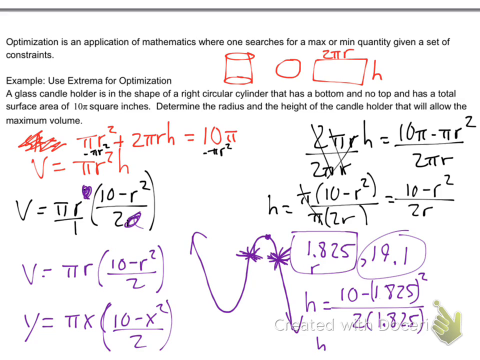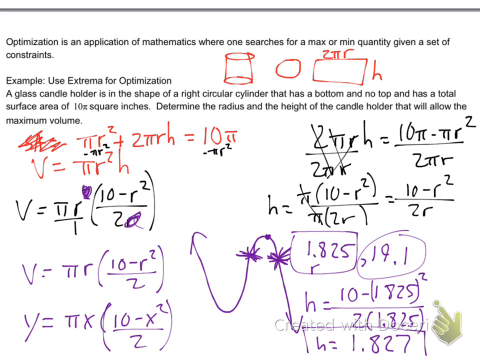And you guys hopefully found that H ends up coming out to 1.827, almost exactly the same value as the radius.